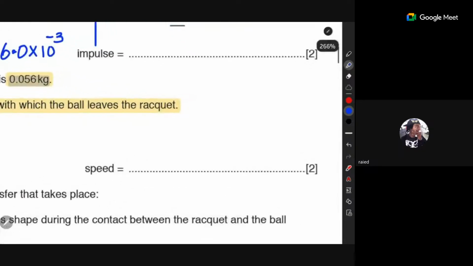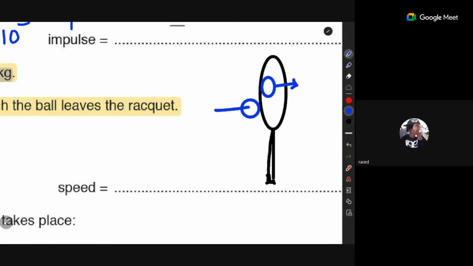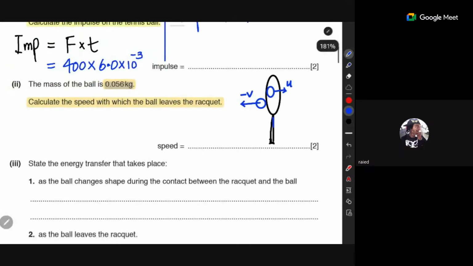Now, if I simply tell you the concept of the racket and the ball, let's say this is the racket, and it is hit by a ball. The ball will hit that racket with a velocity u, and then it will bounce off with a velocity v, but opposite in direction. So the velocity at which it hits is u, and the velocity at which it leaves the racket is negative v.